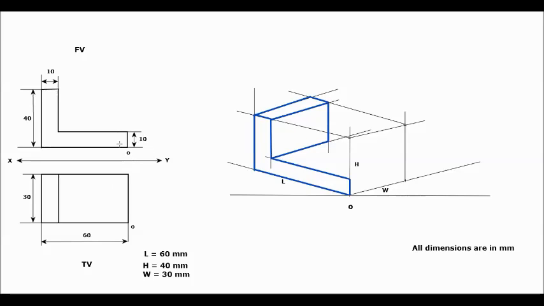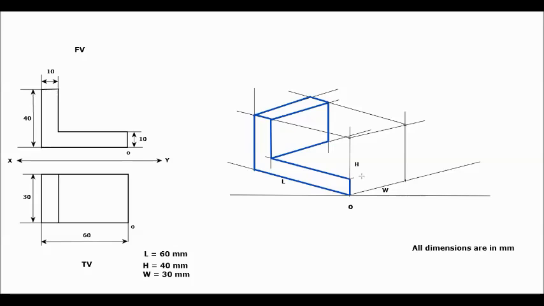Then, if you observe this front view, there is a 10 mm vertical edge, and this 10 mm vertical edge is continuous throughout the width as shown in our top view. It means that we have to complete this slab in the side view also. So for that, we'll use the projection lines.